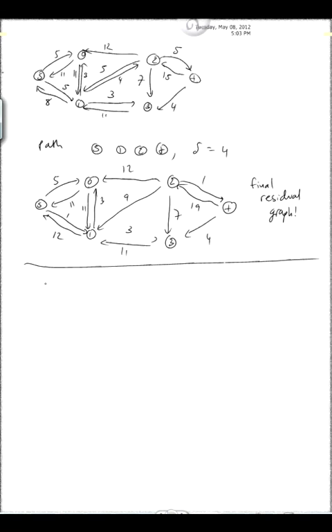So first, let's figure out what was the maximum flow. So what is the max flow from S to T in this example? One way we can answer this is to just add up all of the deltas from the various steps that we did.